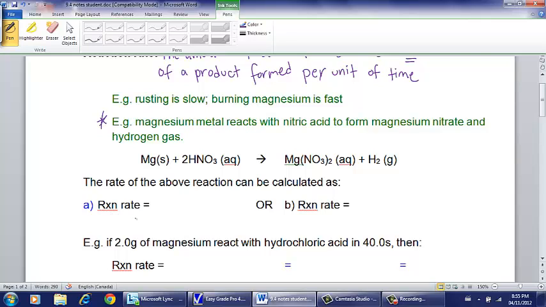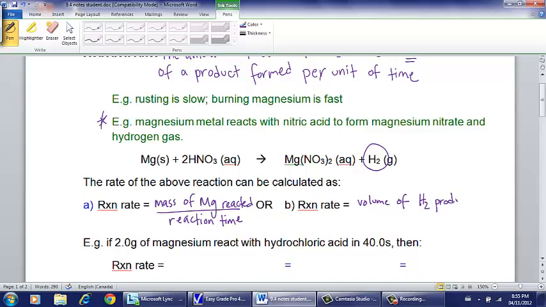So reaction rate equals mass of magnesium reacted divided by the reaction time. Or we could measure how much gas is produced, and we could say the reaction rate equals the volume of H2 produced divided by the reaction time.